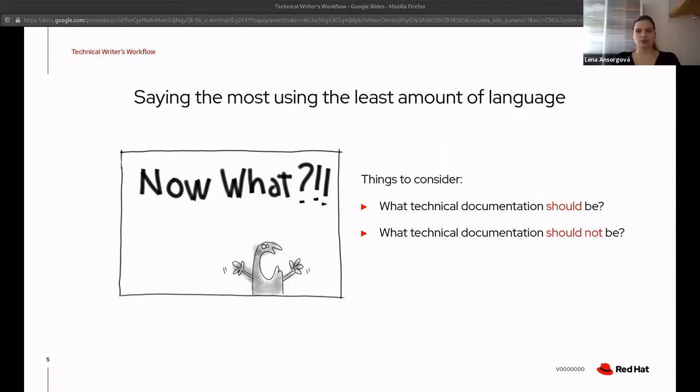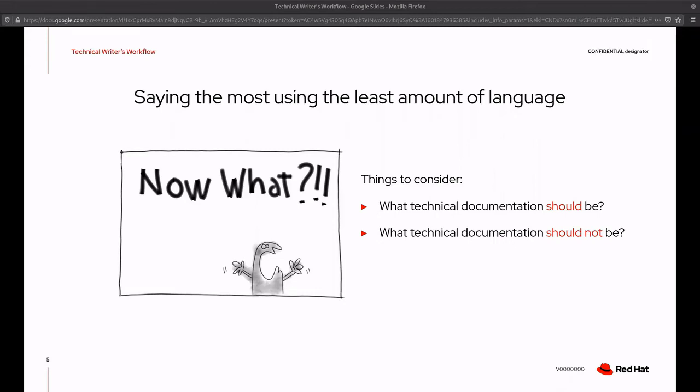Well, technical documentation certainly shouldn't be as long as possible to show how much work we have done. That's a good one. Anyone else has any ideas?